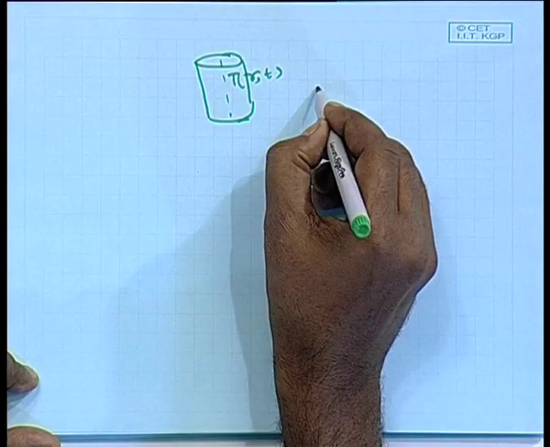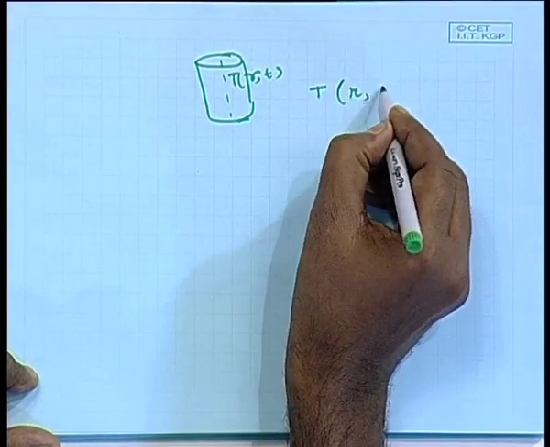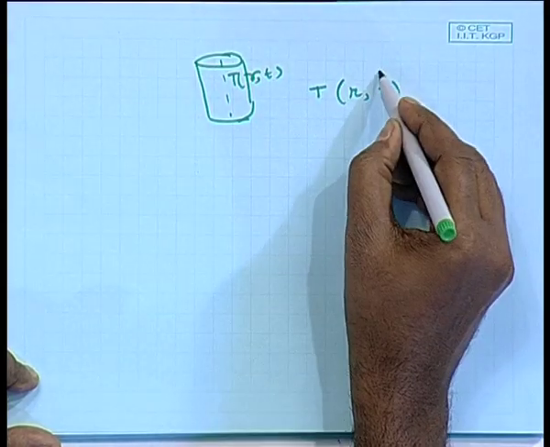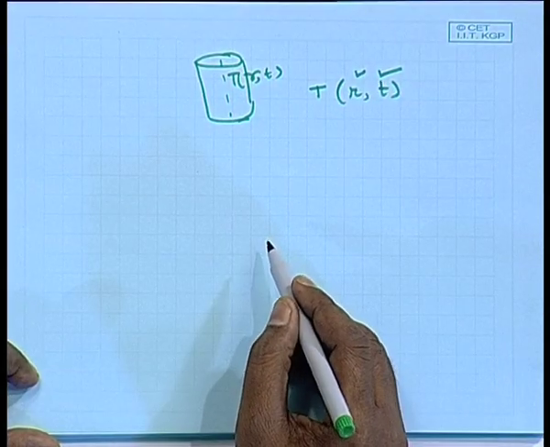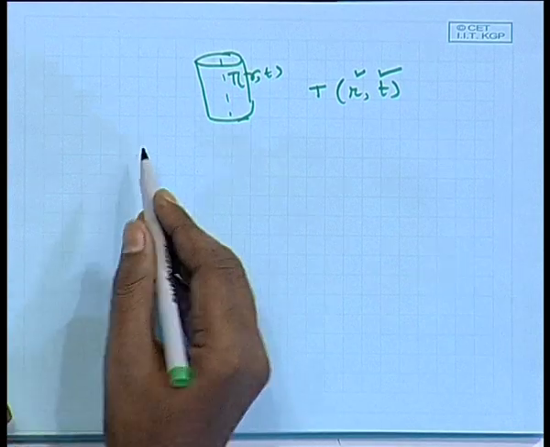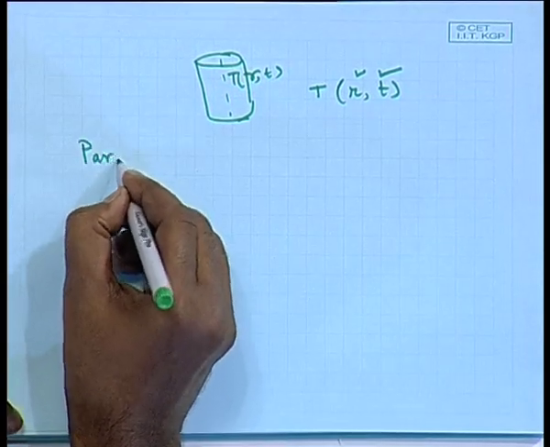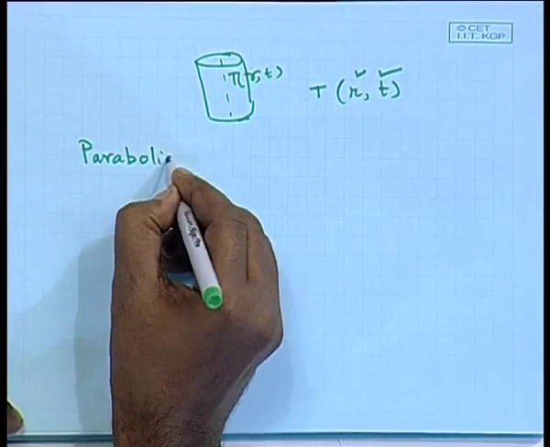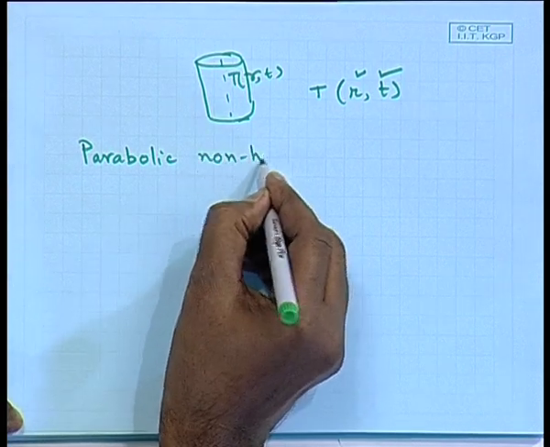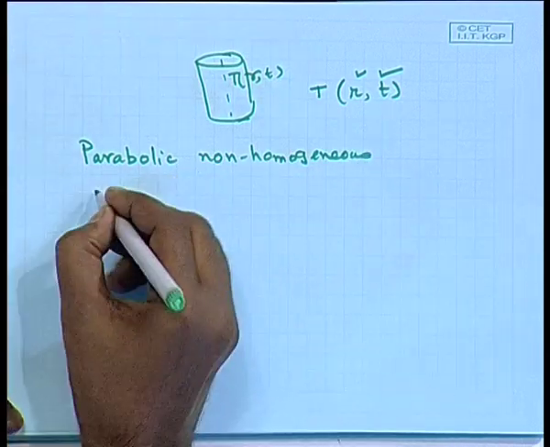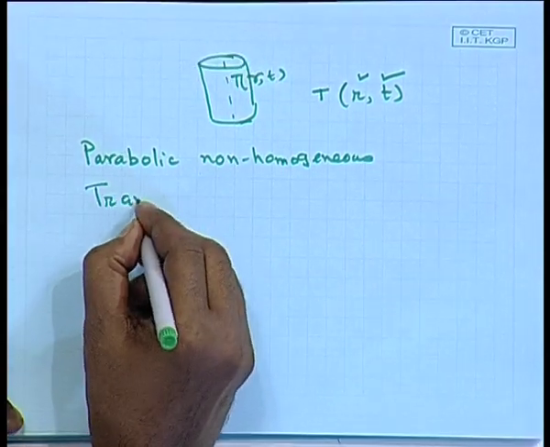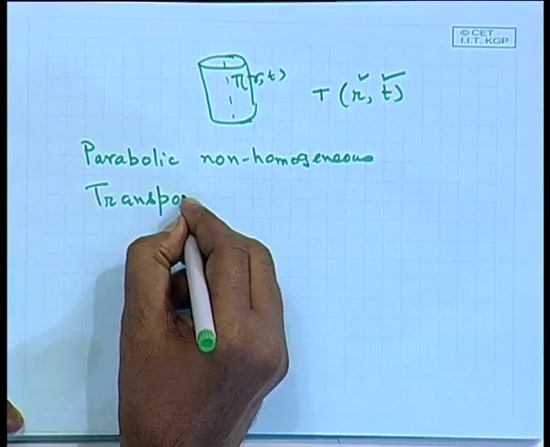So, in this case the governing equation will be a function of r and time. So, it is a function of time and a function of space. Now, this kind of parabolic non-homogeneous transport equations are important in many cases.